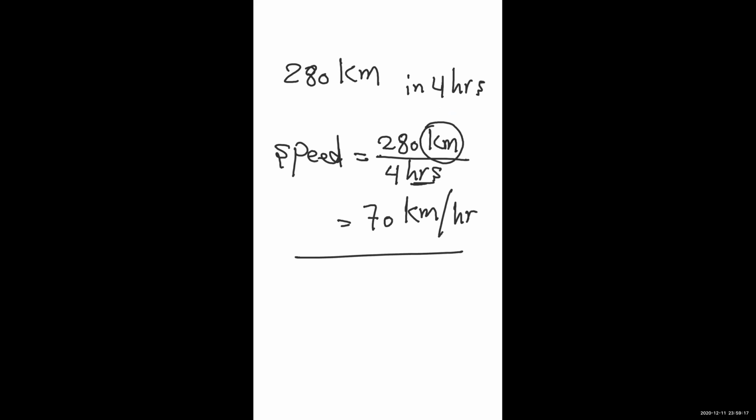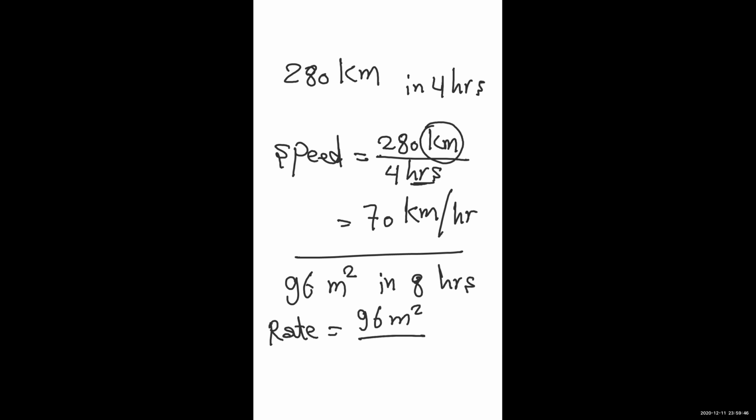One more example. If a worker paints a wall whose area is 96 square meters in 8 hours, calculate the rate of performance of the worker. The rate of performance will equal 96 square meters over 8 hours.